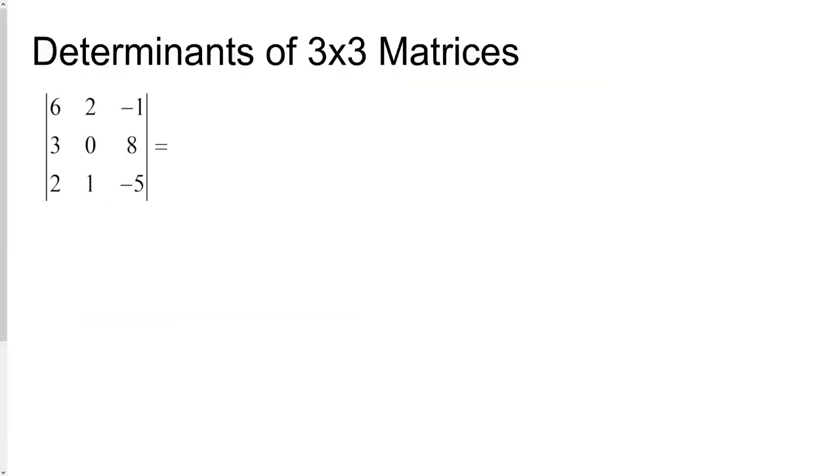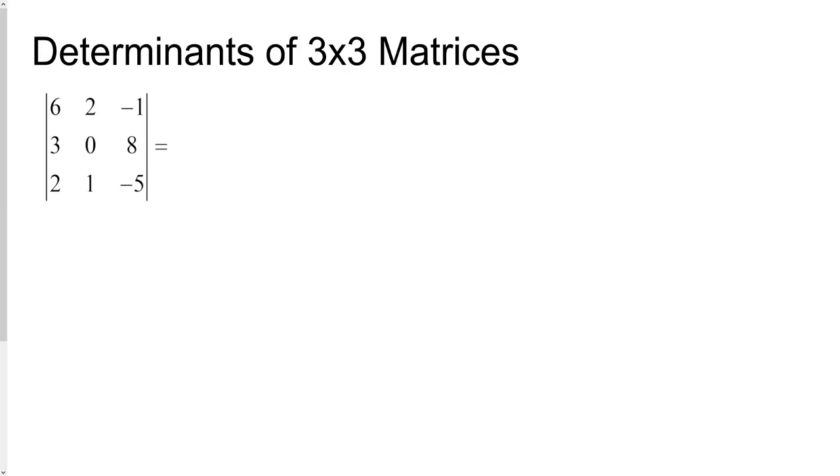Now let's look at determinants of 3x3 matrices. There are actually two different formulas that I've seen for this. One is more of a system of calculating, and that's my preferred method. The other is a formula that only works for 3x3.